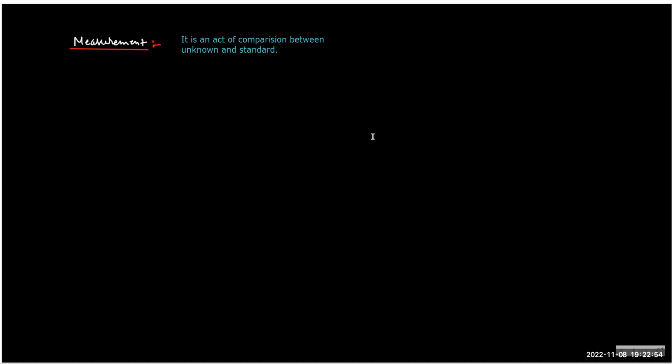Otherwise, let's say there's World War III and there is a nuke attack among various nations, and in that attack, all those physical standards of weight and other things get destroyed. So we want standards to be reproducible in case of calamity, any natural disaster, or any world war. Once we destroy the object, how to recreate it?